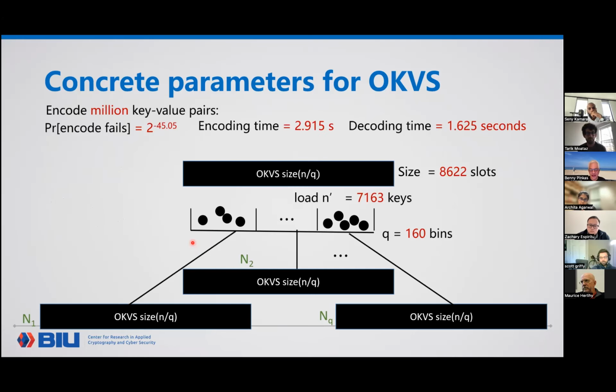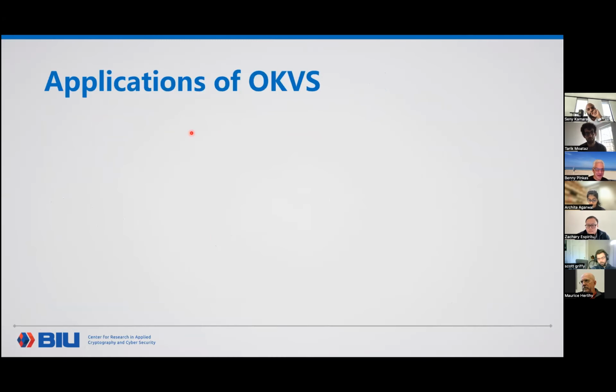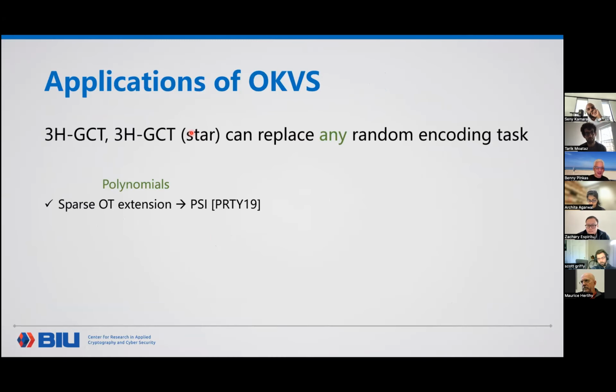So basically, we can encode 1 million key value pairs. It takes like 3 seconds, and we are sure that this fails with very small probability. All previous works were heuristic. This is the first time we have concrete guarantees. So this can be used.